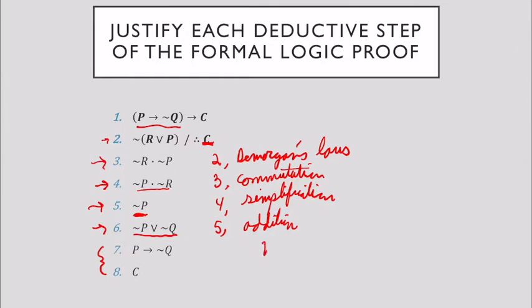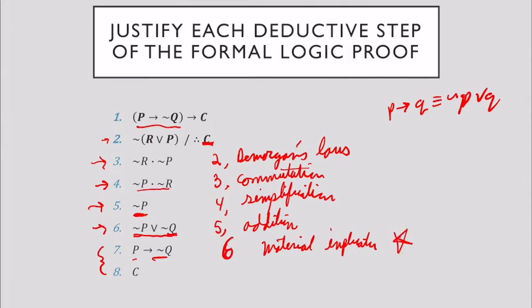Implication says that P implies Q is logically equivalent to not P or Q. Well, I have not Q, but I do have not P, so that gives me P implies not Q. We just leave our second part the same, and that's okay. This is material implication. This is one of those rules I always forget about, so I always want to double check it. So now I'm good. I've got P implies not Q, and I can use row 1 and row 7 using modus ponens to get C all by itself.